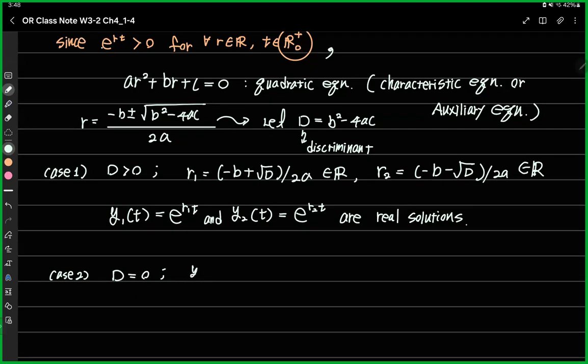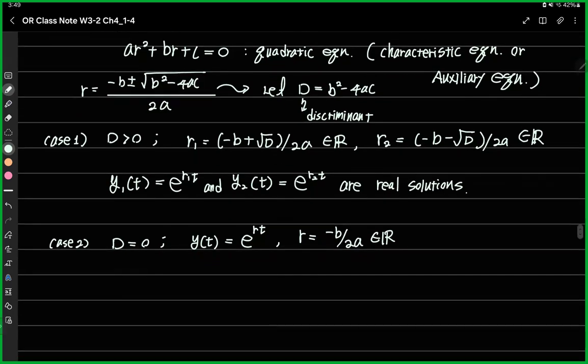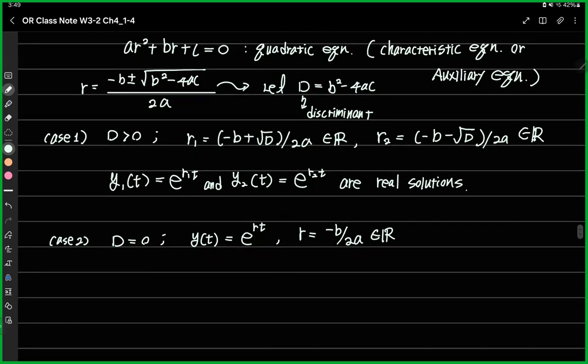So y of t is equal to e to the rt, where r is just minus b over 2a, because D equals 0, so that square root term is gone. We got only one real root in the characteristic equation, so the differential equation has only one real solution.